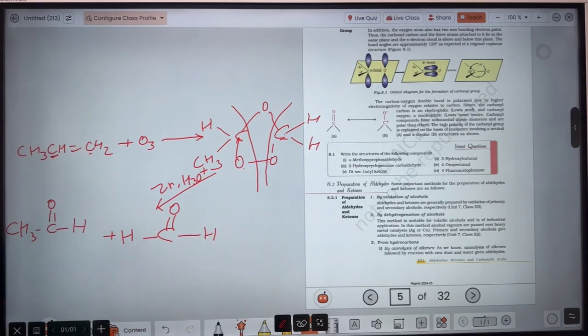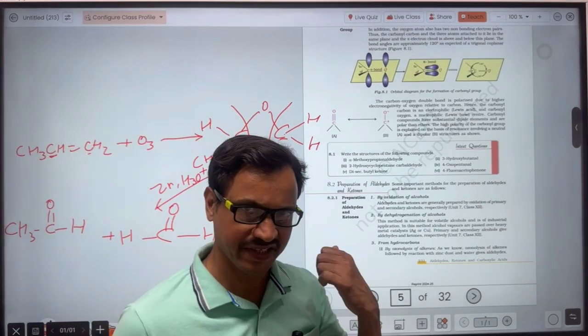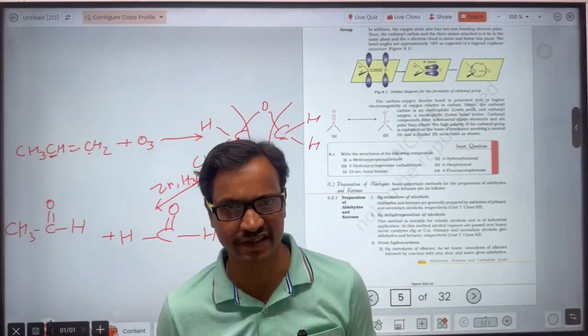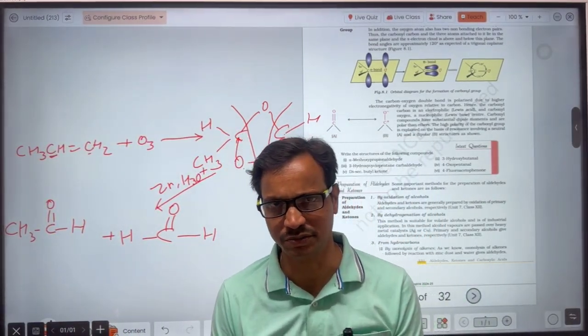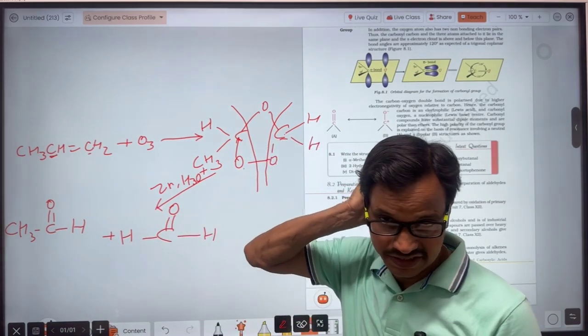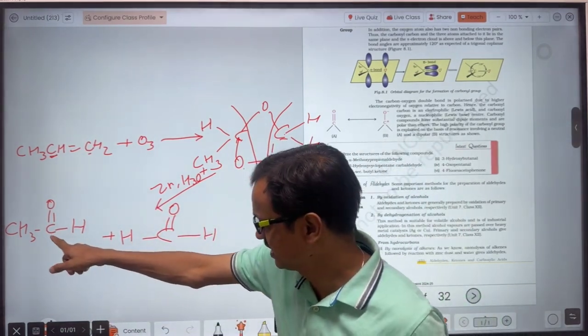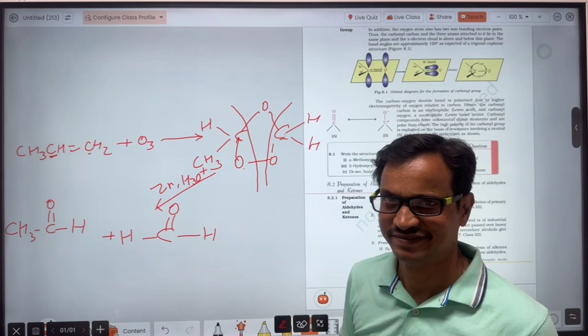In the previous reactions, there was formation of methanol, that means only one type of molecule. In this compound, there is formation of ethanal and methanal.